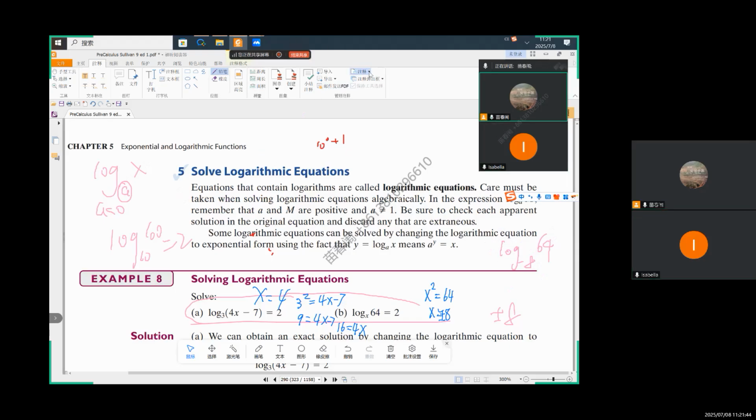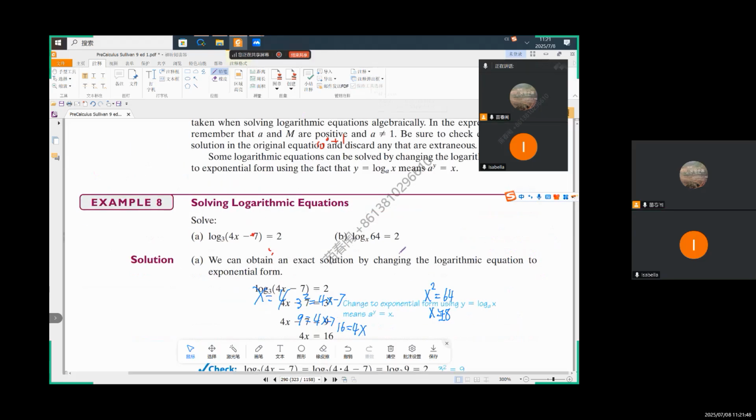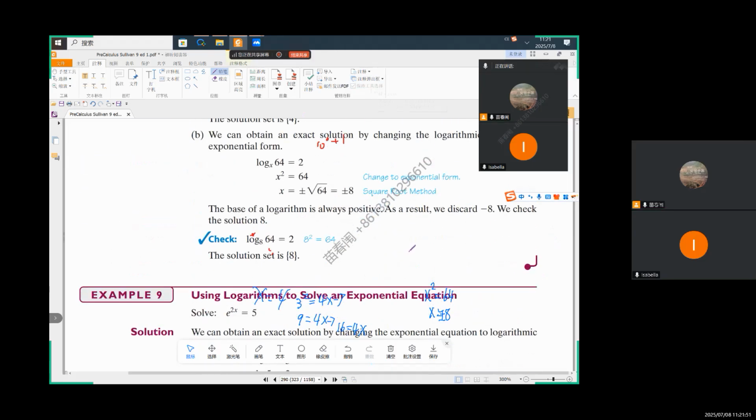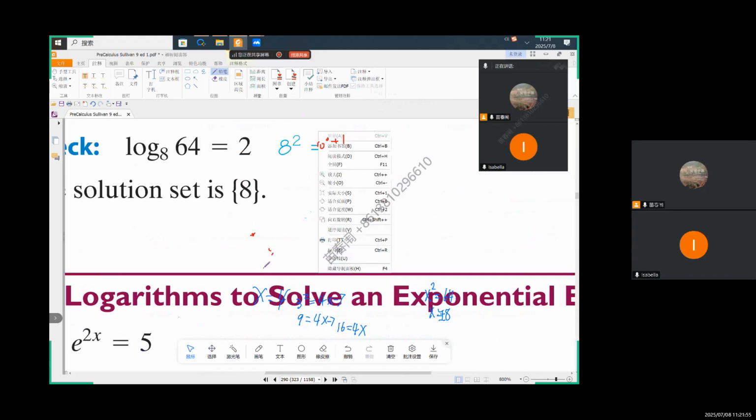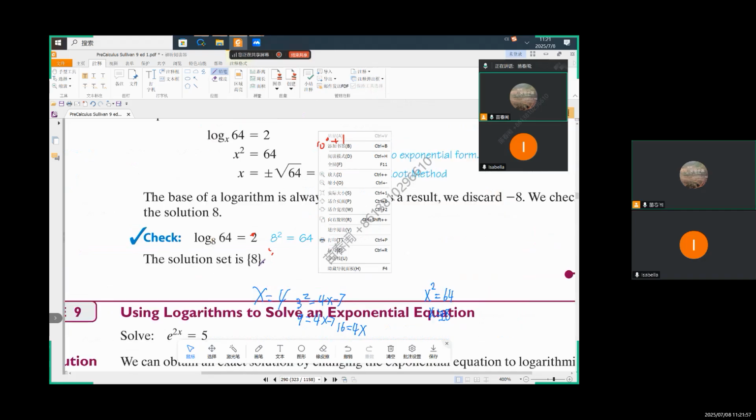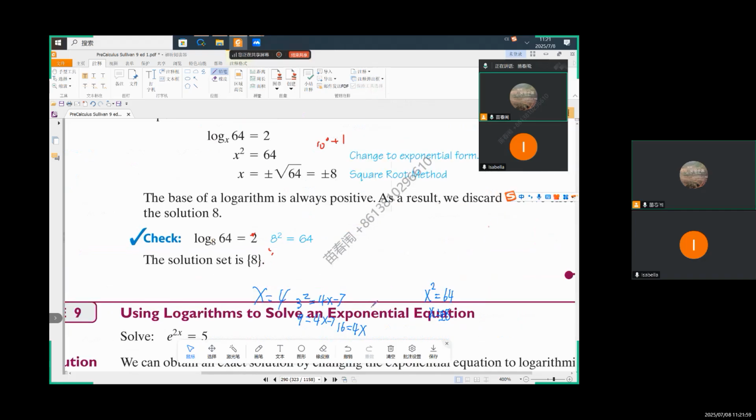Okay, let's see next. How about this? If I solve this, still using the definition, e to the 2x power.